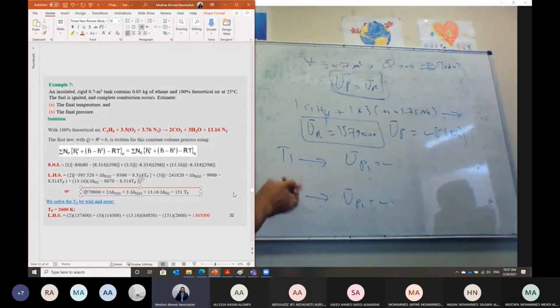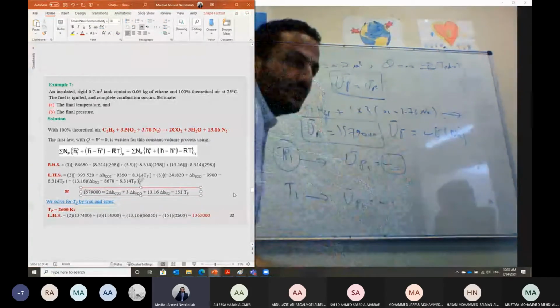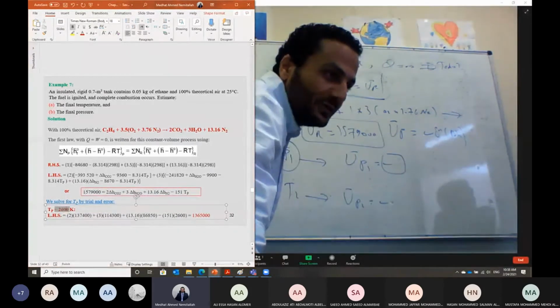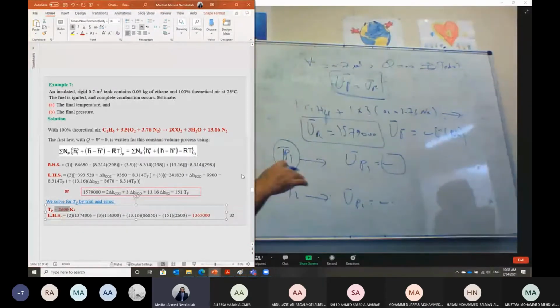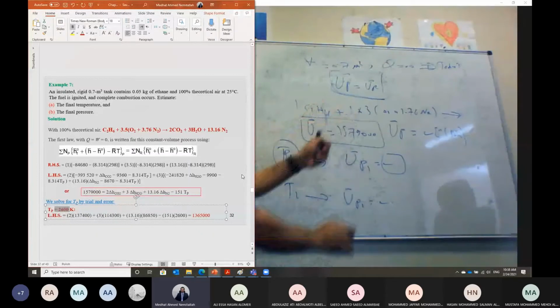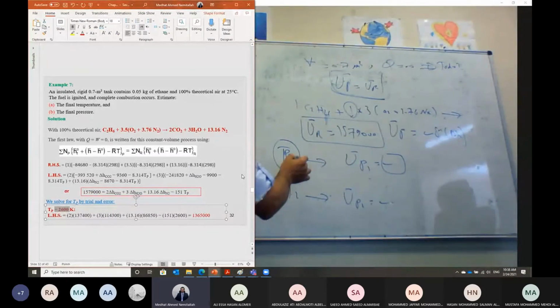Okay. Right, I will assume temperature T product 1, and I will calculate U product 1. Let's say I will start with temperature equal to 2600. Because this is a stoichiometric combustion, we expect to have a higher adiabatic flame temperature. So I will start with 2600.